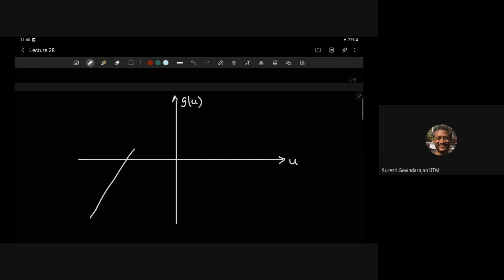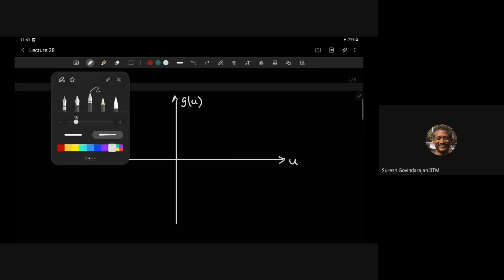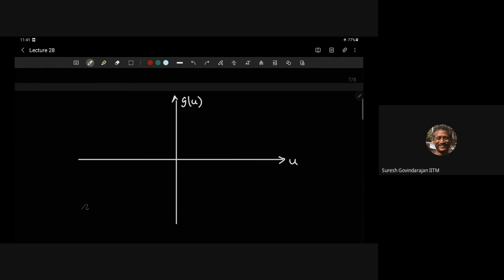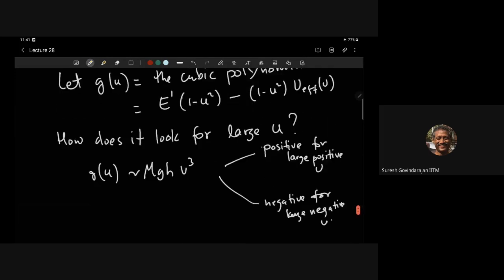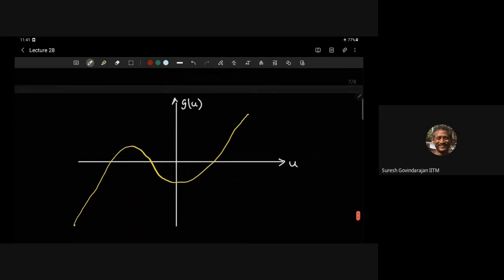Let's say it has real roots. I'll draw the case of 3 real roots. This is how it would behave, and this is the function g of u. It has 3 zeros.